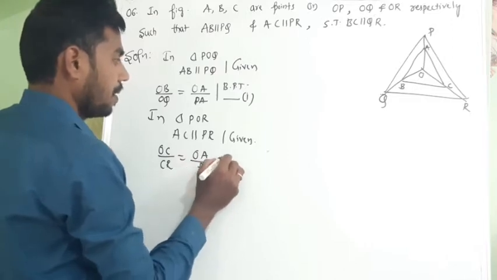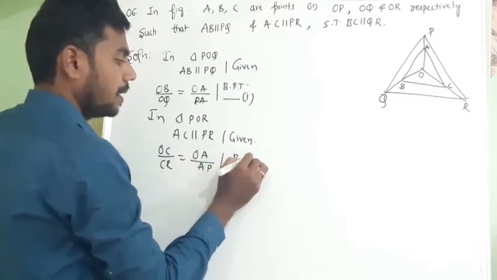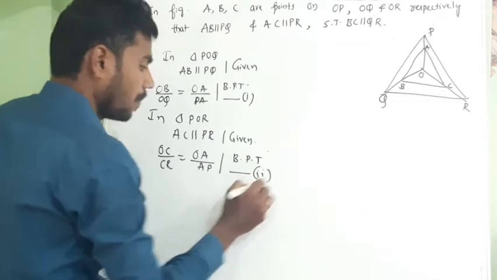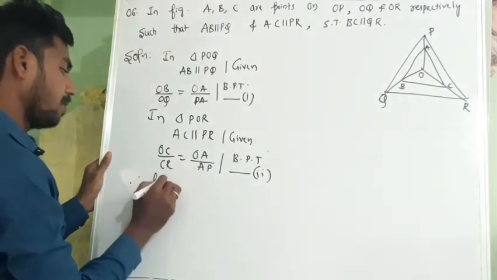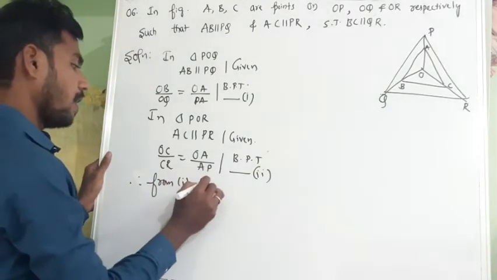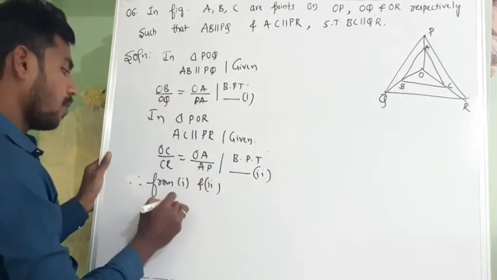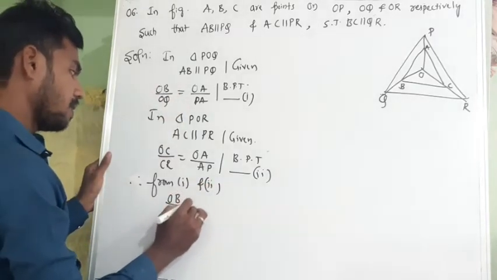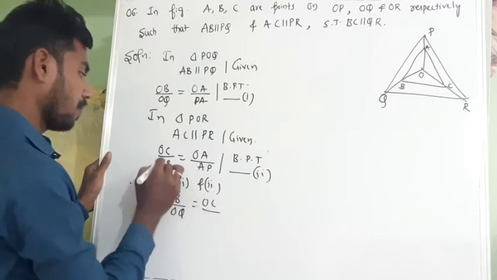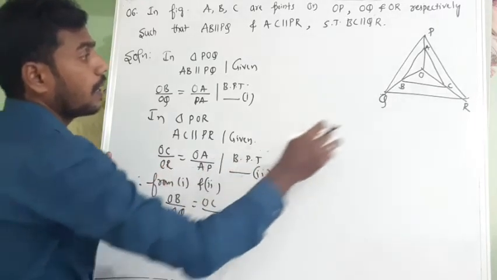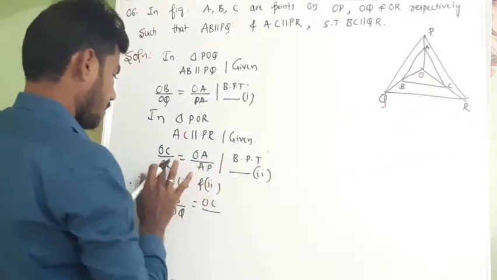So this is through BPT. I'll call it equation 2. Therefore, from 1 and 2, what can I write? OB by OQ is equal to OC by CR.